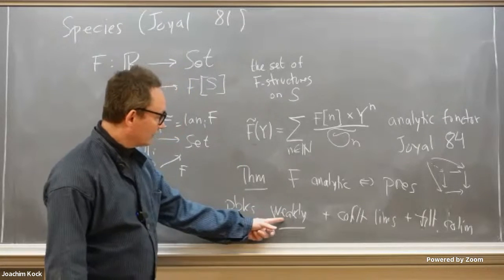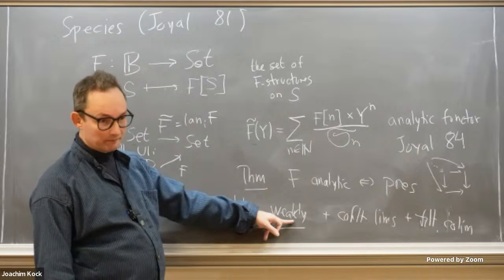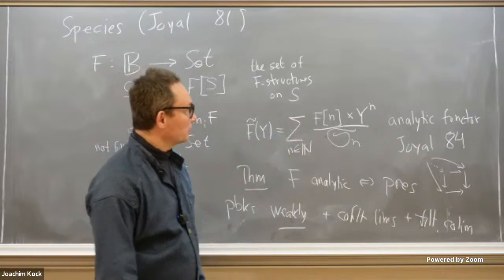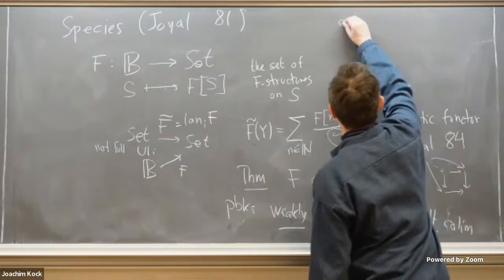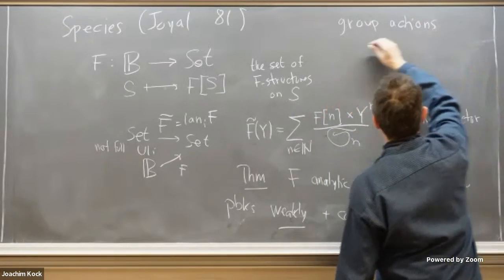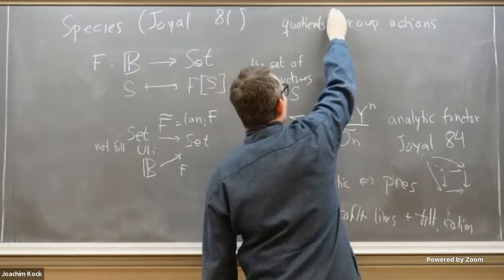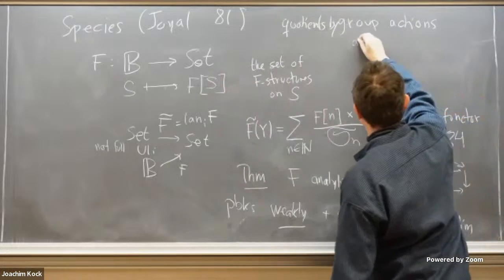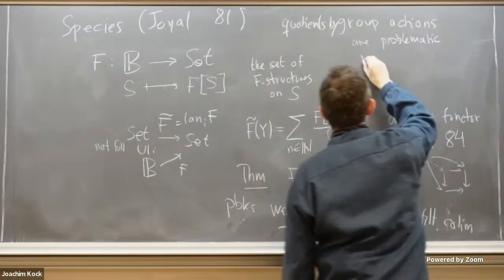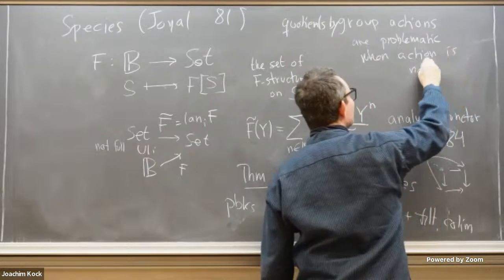So you can see that it's the same theorem as the one I quoted earlier, but it only preserves pullbacks weakly. And this is precisely because of these group actions. More precisely, quotients by group actions are problematic when the action is not free.